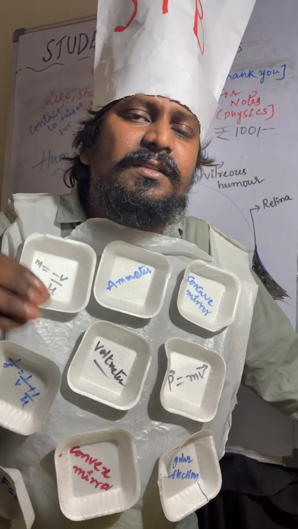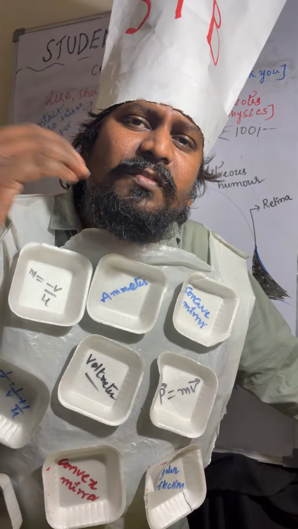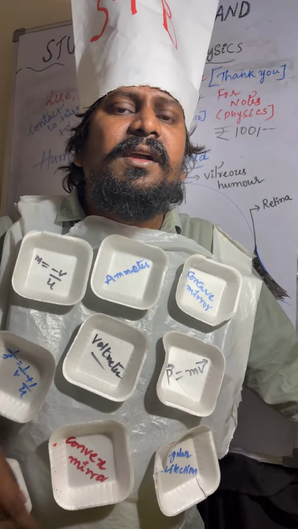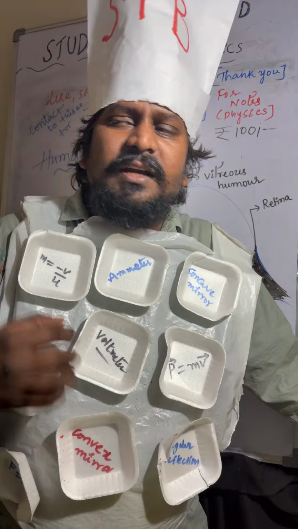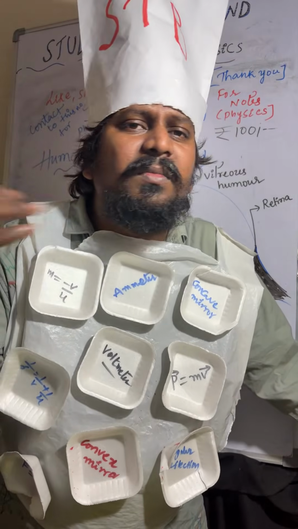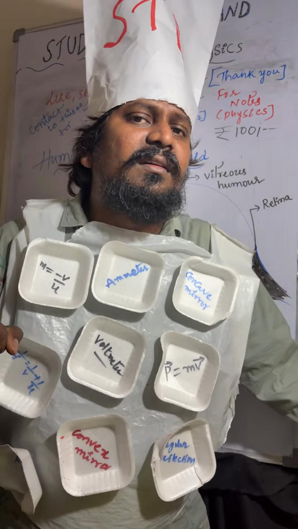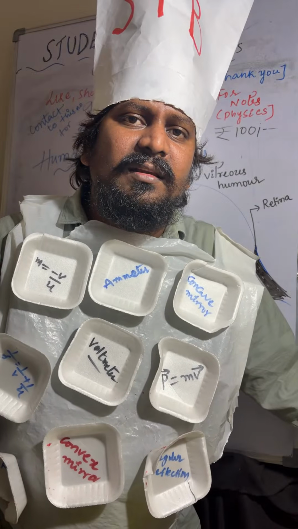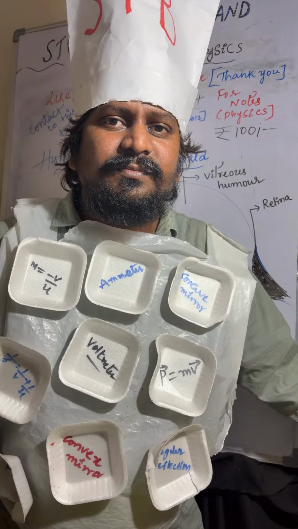That will be converted in the form of electrical signals that will reach the brain. Brain will add the additional information: how much depth it is, how much width it is, how much water is filled in the glass or the water bottle, how far the object is from us, like that.